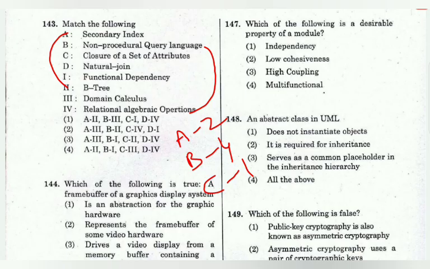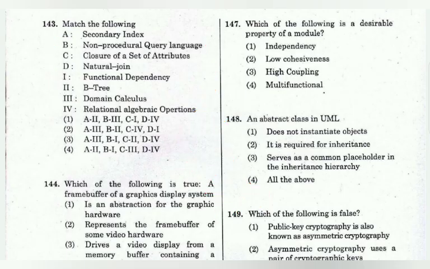So domain calculus is the correct answer for natural join. Option 3. Okay. So A 2, B 4, C 1 and D 3 is the correct answer.